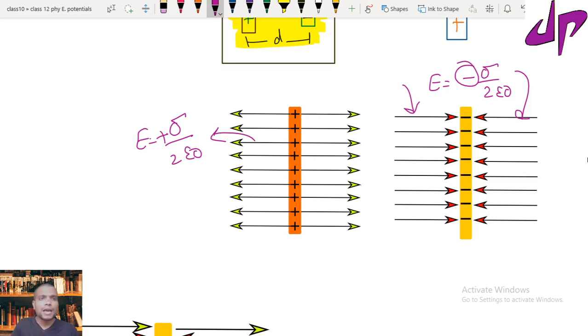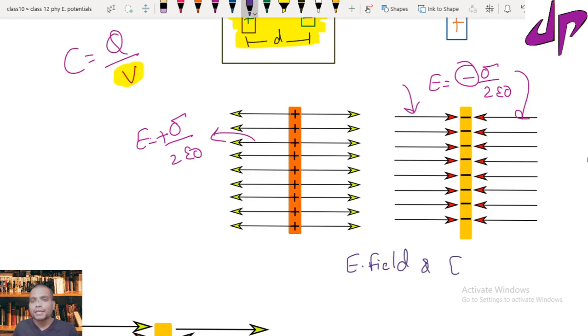The capacitance has the formula C equal to Q upon V. To get V, I would like to recall one more formula: the relation between electric field and electric potential.